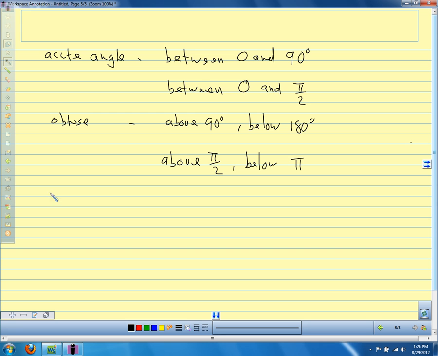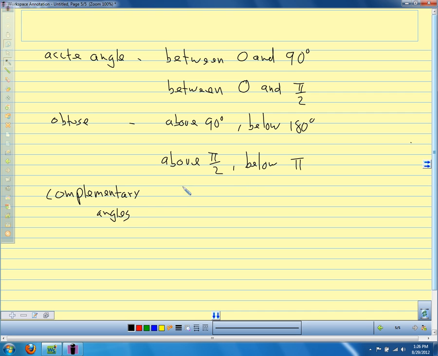How about, do we remember what complementary angles are? Angles that add up to something, not 360, 90. You said 90?